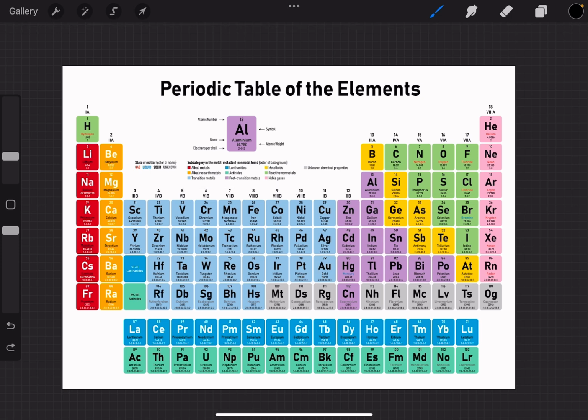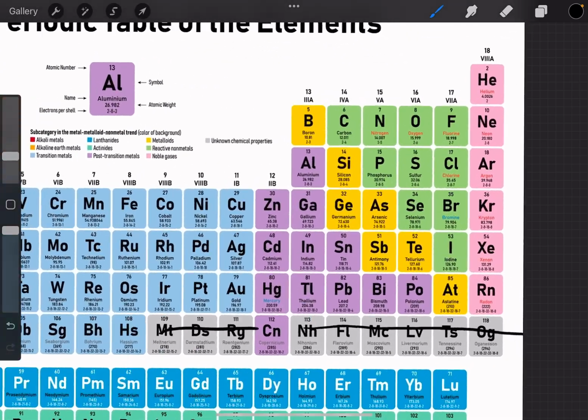And then nonmetals can be found over here and also right here with hydrogen, kind of tucked away. So nonmetals, metals, and metalloids right there. Then all these down here just have unknown chemical properties, as it says right there.